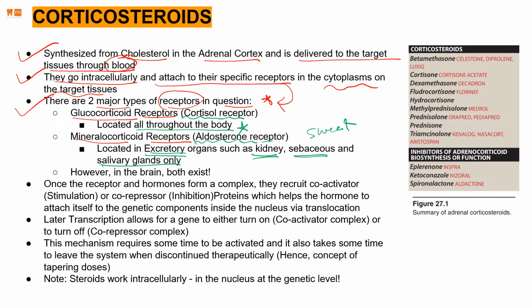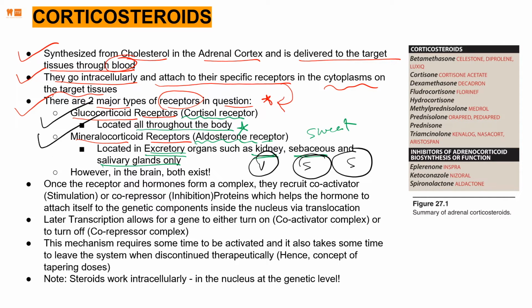How do you remember that? Very simple. Glucocorticoid, when you work out, you burn the glucose, the fat, the sugar around you. Where is all the fat? Well, everywhere. Your entire body loses fat and gains muscle. So, glucocorticoid located all throughout the body. Minerals, well, they leave the body through three types of liquids. There's urine, there's sweat, and there's saliva.